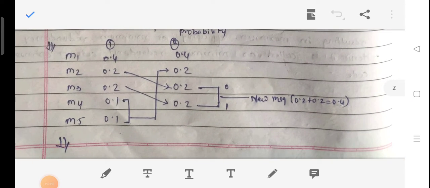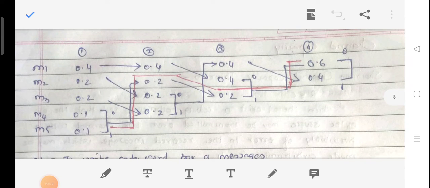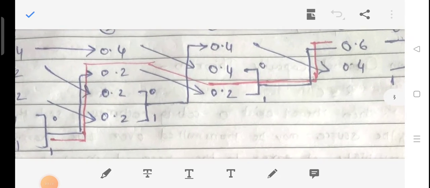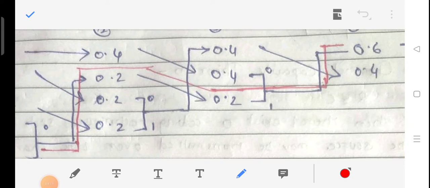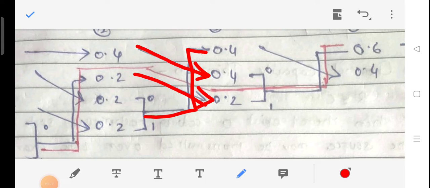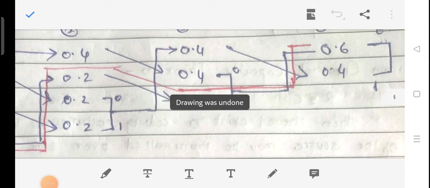Now in the next step, in the simplified diagram, I write the new probability value, which is the addition of the previous two messages with the lowest probability. Then write this 0.4 and draw the path for these previous messages. In this way, follow or repeat the same stage until we are left with two messages.